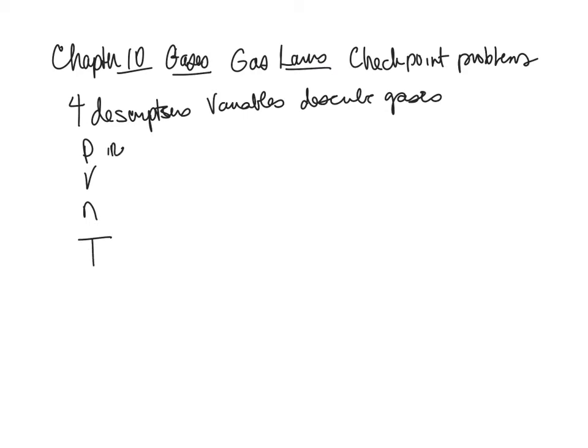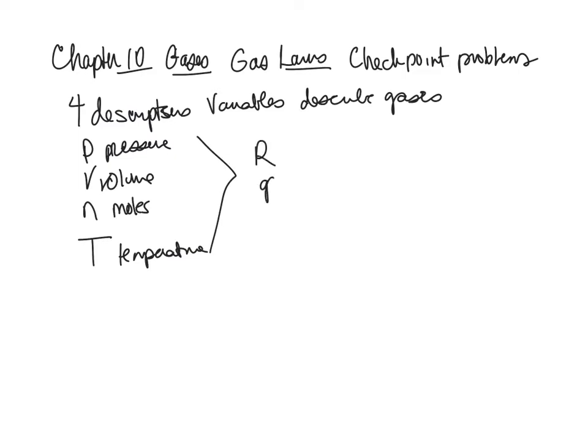So pressure is P, volume is V, N is the moles, and T is temperature. And we also talked about how you have the gas constant, which is R.